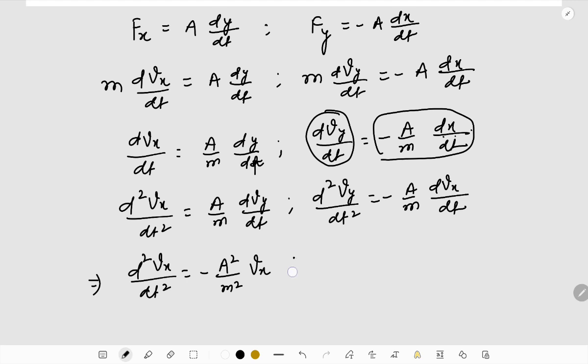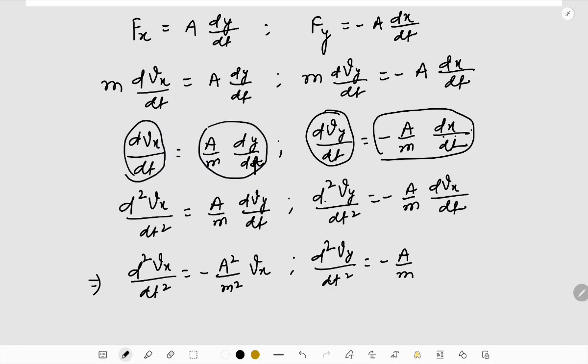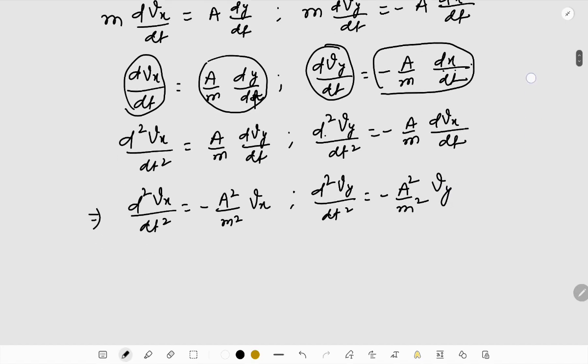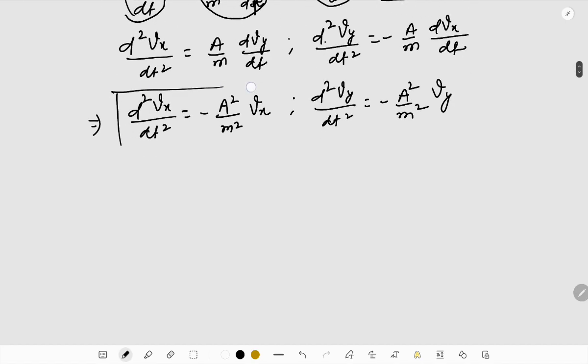So this equation becomes workable, and d2vy upon dt square can be written equal to minus a by m dvx by dt, and dvx by dt is a by m vy, so we need to multiply it by a by m and vy, and you can see these two equations.